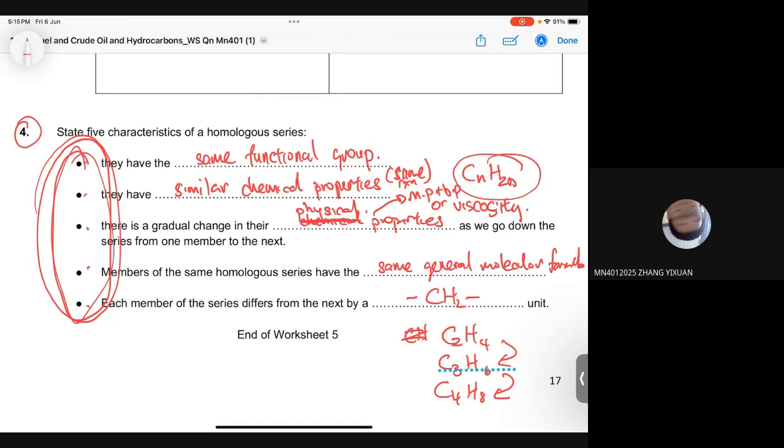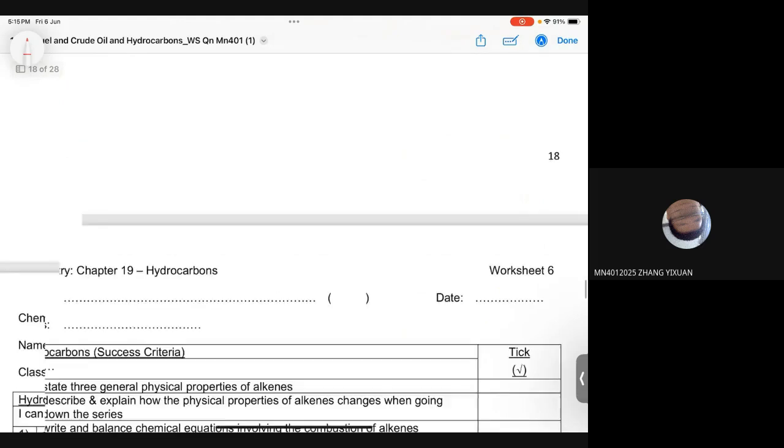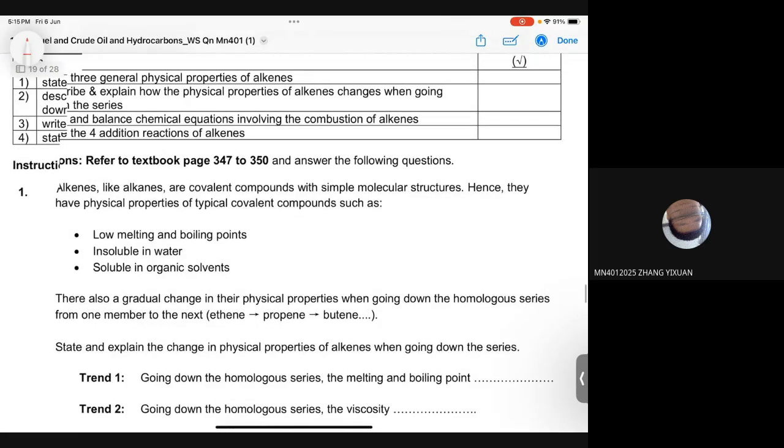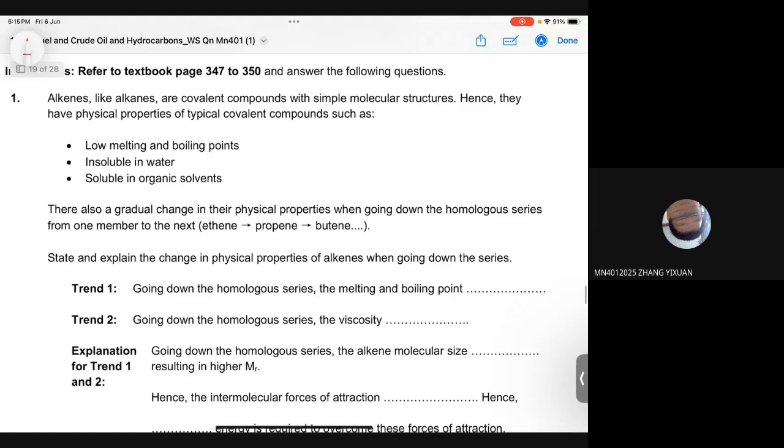No? Okay, I'm going to push on to the next worksheet, just the very front part where we look at the physical properties. Then I'll just end here. I'm going to fill up all these blanks.